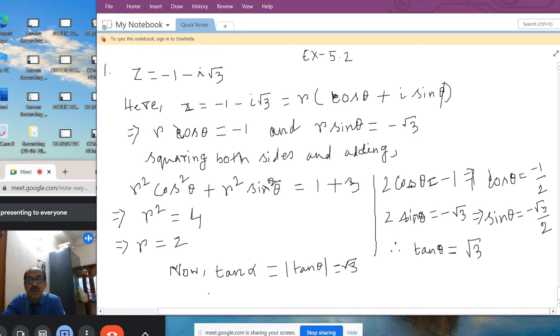So tan alpha equal to tan 60, that means tan pi by 3.